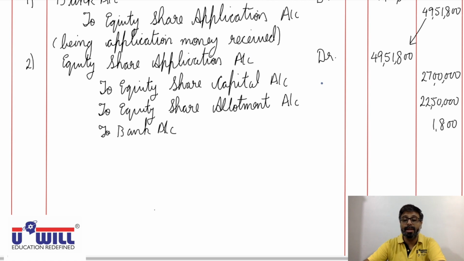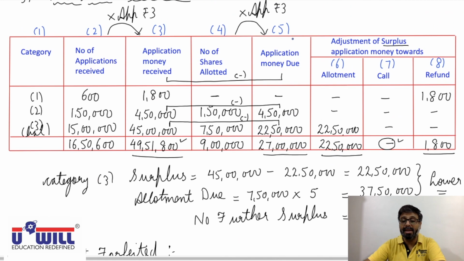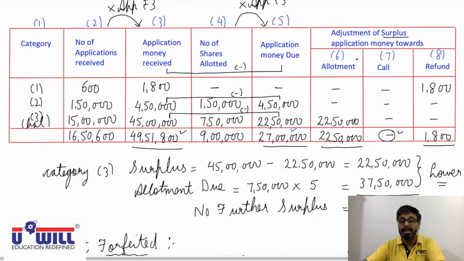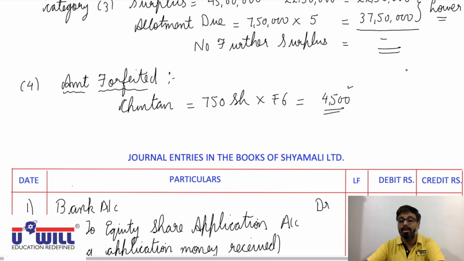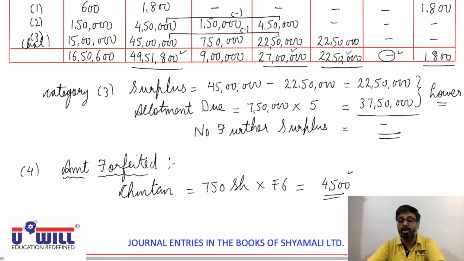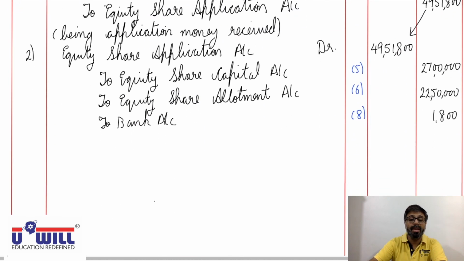So as we have been doing earlier, share capital column 5, share allotment column 6, calls in advance column 7 we don't have, and bank account column 8. Share capital with column 5 27 lakhs, allotment with column 6 22,50,000, and calls in advance 0, to bank account with refund of 1800.